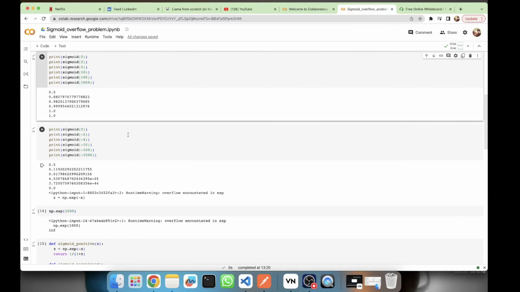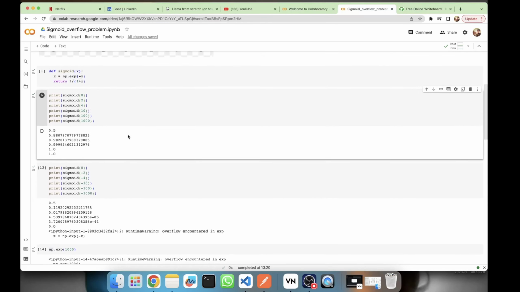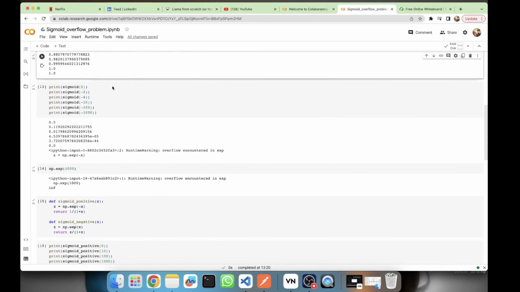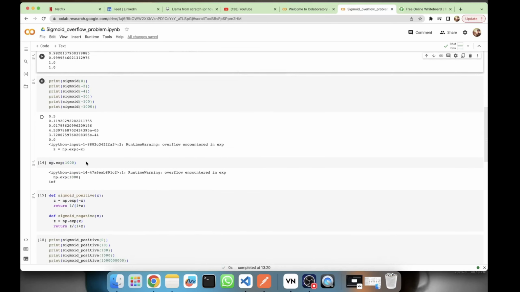Okay, so let's first try to understand this overflow error in detail. When I was passing minus 1000 to sigmoid, because it is minus x in this function, a positive value of 1000 was going to np.exp. Because of that very high value being passed to the np.exp function, it was throwing an overflow error.